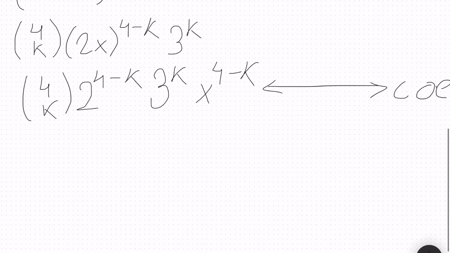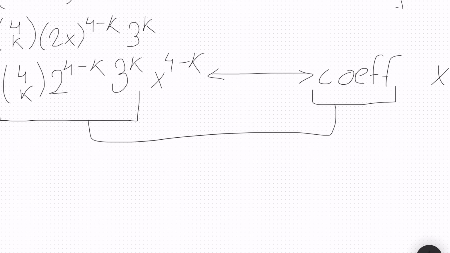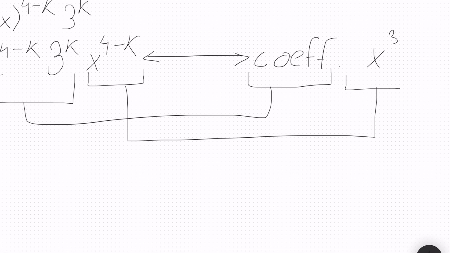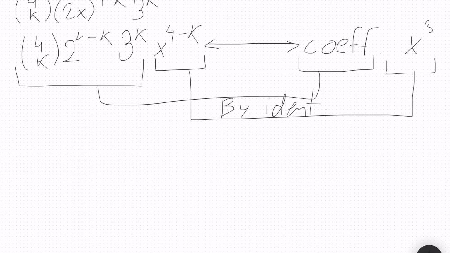So, all of this is our coefficient, and all of this is our x to the power of 3. That's why it's called by identification. So, what we have to do here is first equate x to the power of 4 minus k to x to the power of 3.